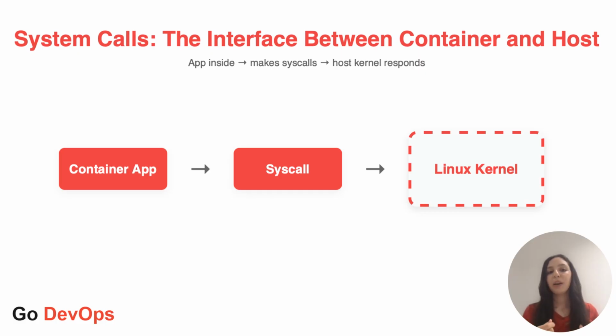Now here's where it gets interesting: the host kernel is smart. It knows this process belongs to a container because of the namespaces and the cgroups we configured earlier. So when the kernel receives a syscall from a containerized process, it evaluates it within the context of that container's isolation boundaries.